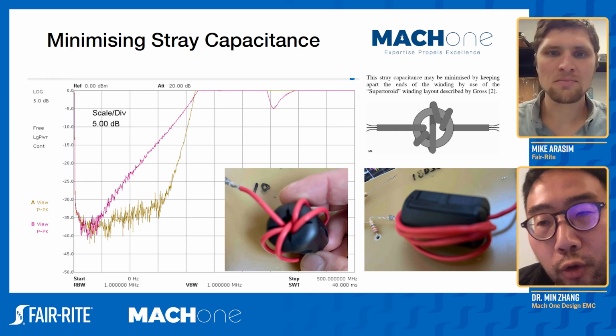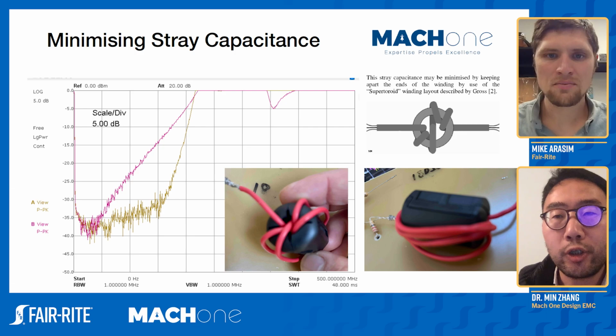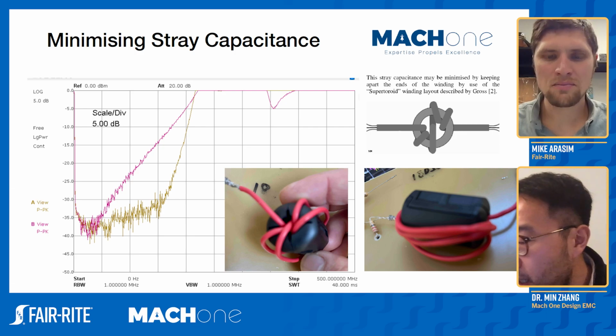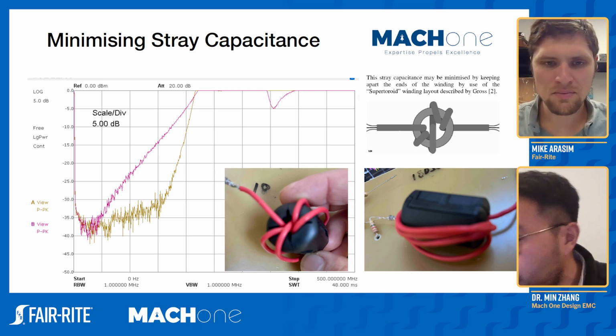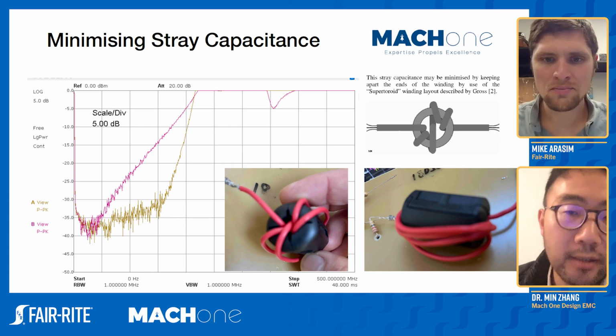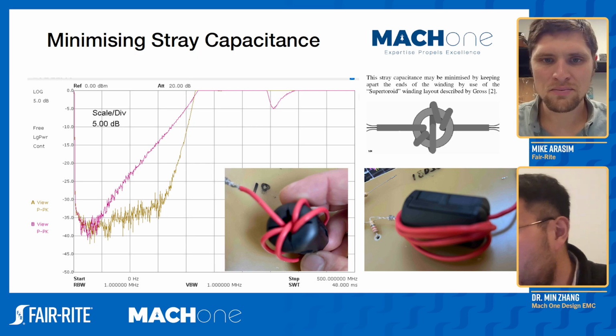Therefore, you minimize the capacitance between A and B, and you reduce the E field impact of this configuration. Compared to this configuration where the windings are next to each other, so the highest voltage, and then you have the highest capacitance. Therefore, you have the highest E field coupling. So that's really what it is.